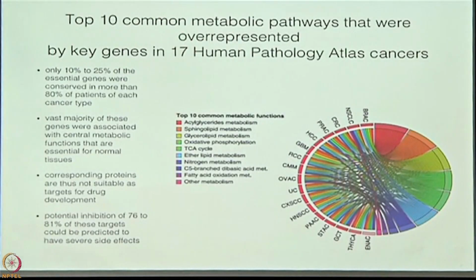Okay, one more impressive chart for you to understand. The most common genes that were commonly expressed were of the most common metabolic functions, and they were all expressed in several of these cancers. Now, if you think of a drug target, because these are common metabolic functions, they are also occurring in normal cells.